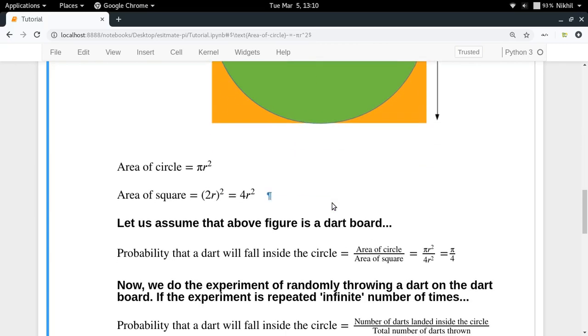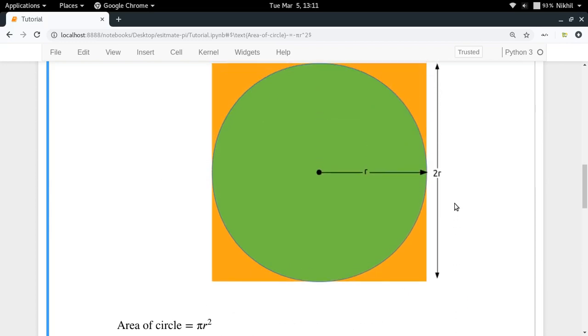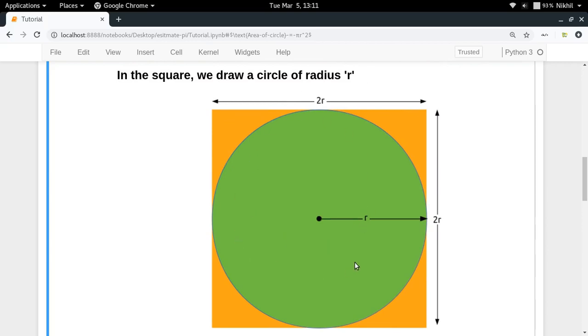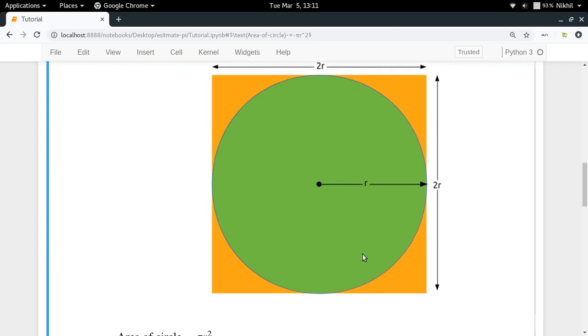Area of circle divided by area of square gives pi r squared divided by 4r squared, which is equal to pi by 4. So the probability that a dart will fall inside the circular region is pi by 4. This is a probability that I know.